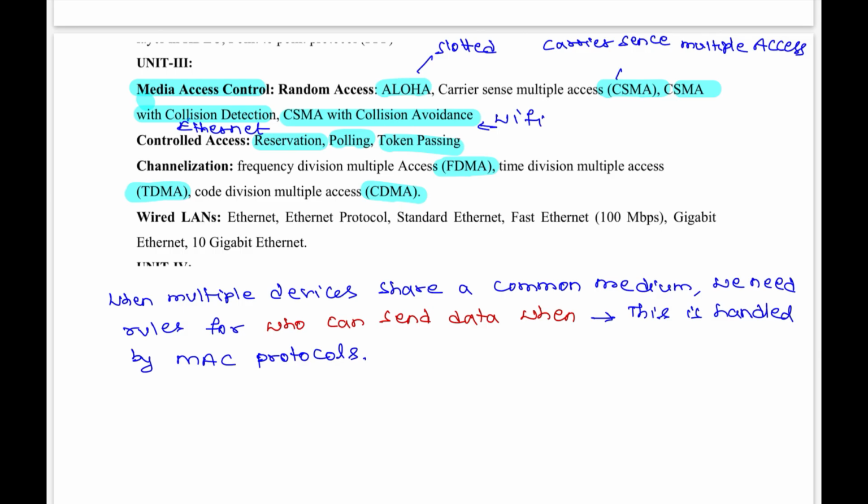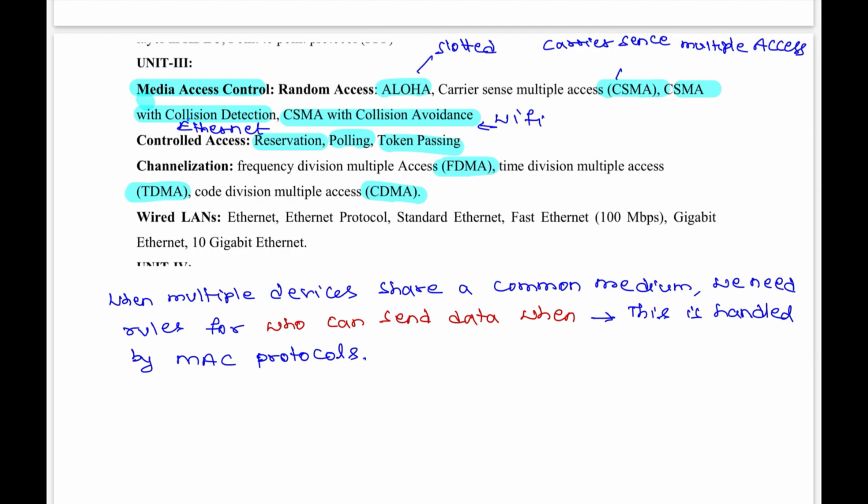A similar example: think of FDMA as different radio stations. TDMA is like time slots in TV broadcasting, and CDMA is like unique voice codes allowing multiple people to talk simultaneously.